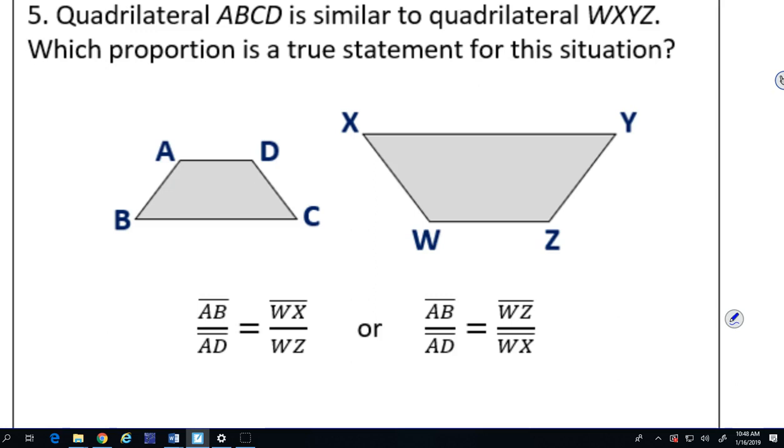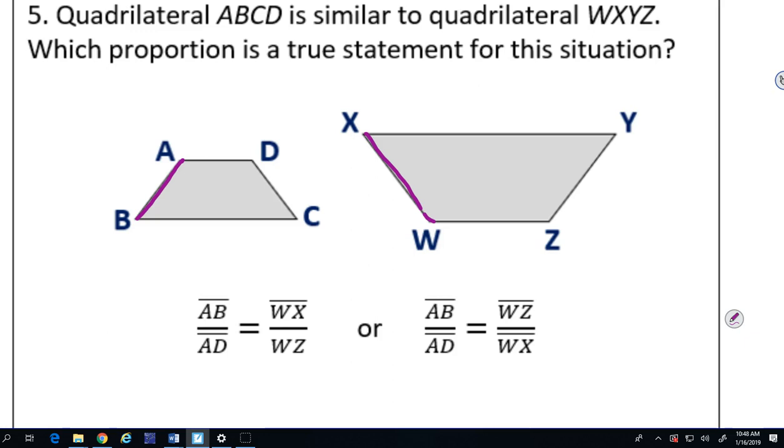Number 5, quadrilateral ABCD is similar to WXYZ. Which proportion is true? Okay, so for this one, I would go ahead and color in my sides like we were doing before. Let's do that together. So AB goes with WX. Do you see how I knew AB and WX go together?